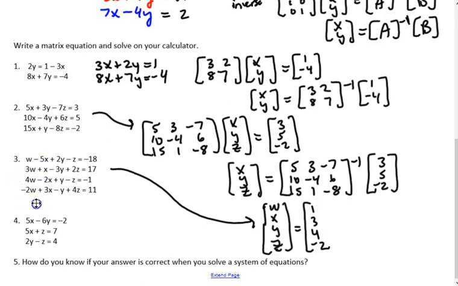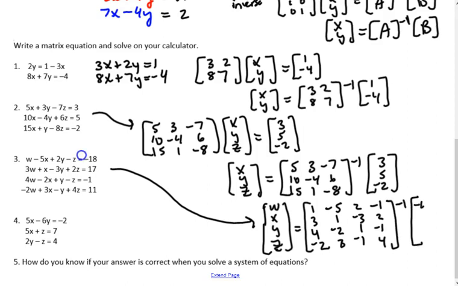Negative 5, 1, negative 2, 3. My third column, 2, negative 3, 1, negative 1. My fourth column would be negative 1, 2, negative 1, 4. And that would be the inverse of that times negative 18, 17, negative 1, 11.